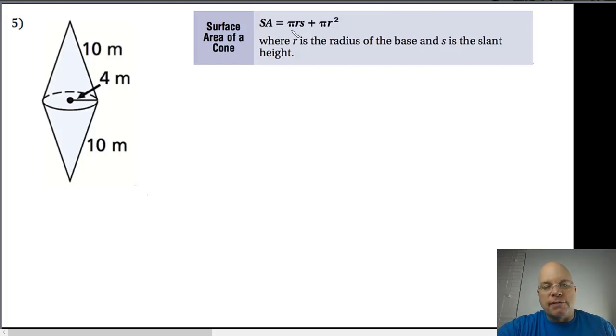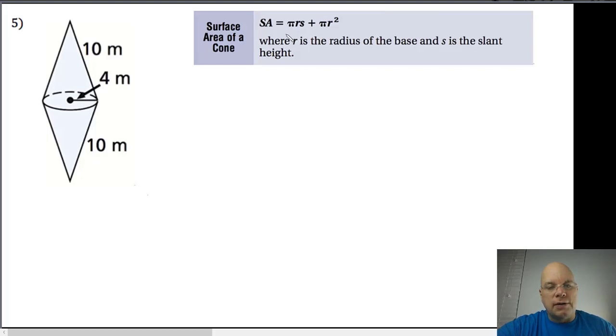And we derived this formula in class, so you understand that s is the slant height, the height from the vertex to the edge of the cone circle, and we talked about how to derive this formula. And so the tricky thing about this problem is we have two cones stuck together. They're intersecting on their circular part.